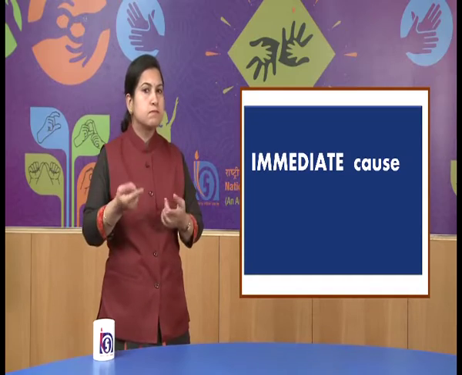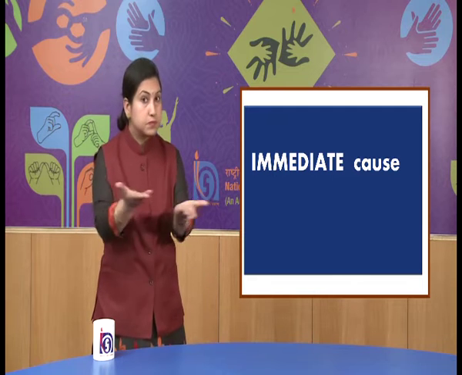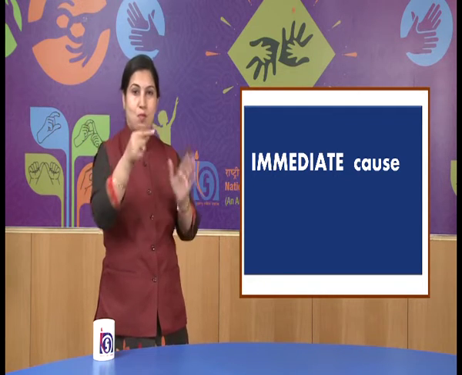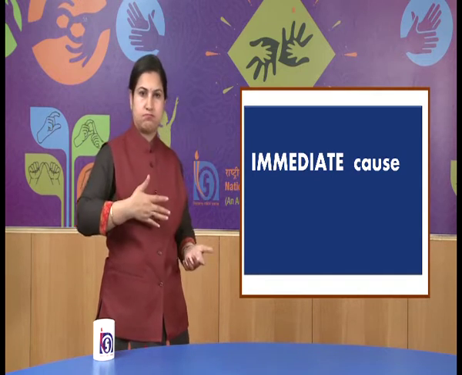Now we will discuss the fifth cause of the 1857 revolt. This is immediate causes. Dear learners, by now you know that because of the policies of the British people, most Indians were unhappy with them.